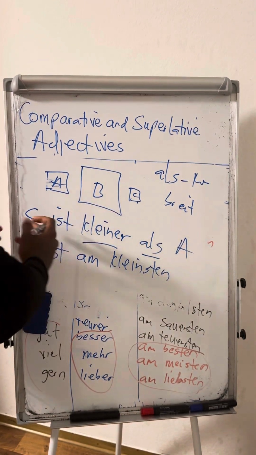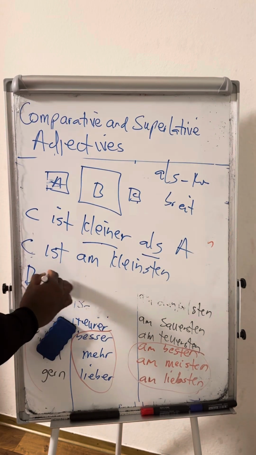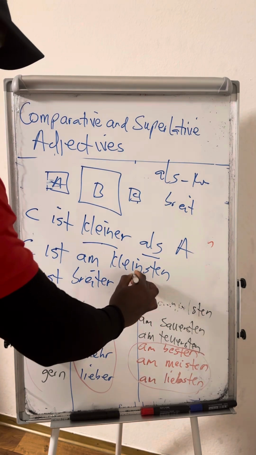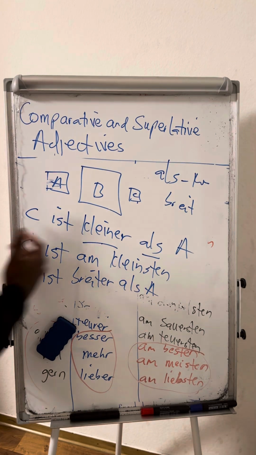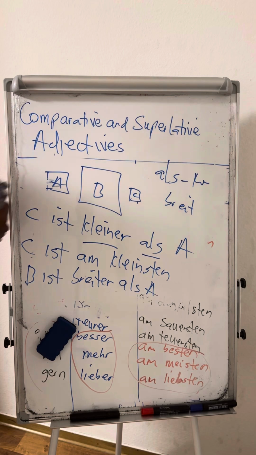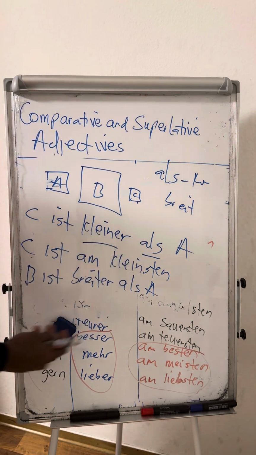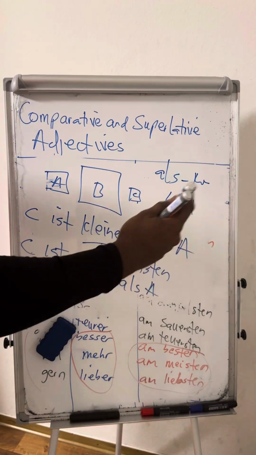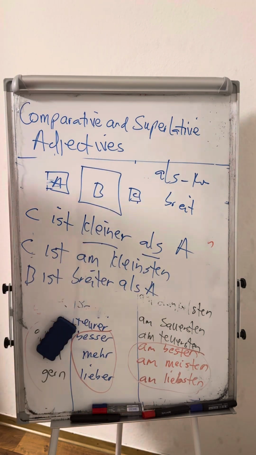If I want to say B is wider than A, you now say B ist breiter als A. You understand? So this is how you compare things using adjectives, and also put them in their superlative form, which is the highest form of comparison, using kleinsten, schnellsten, this, that. So master this. Thank you very much.